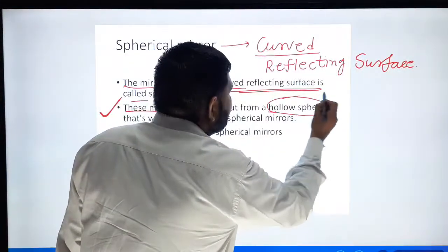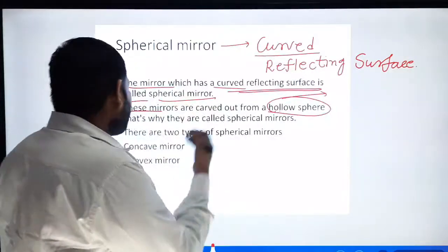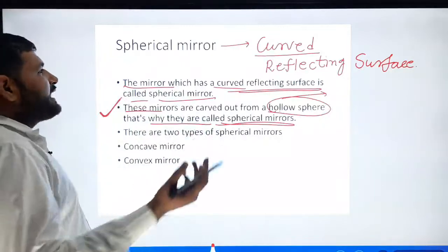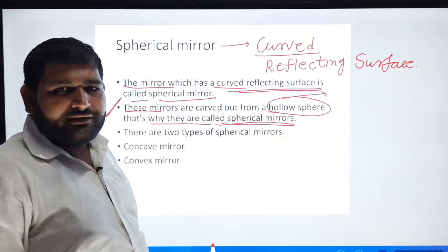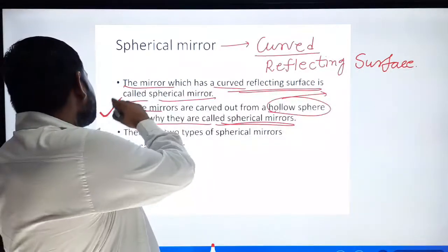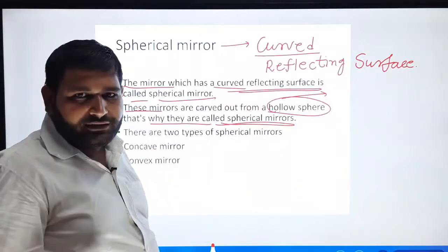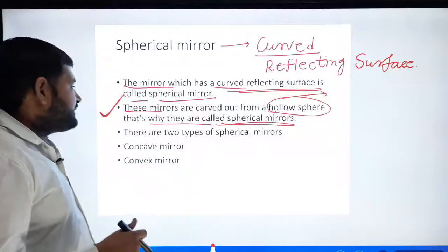That's where the name comes from, spherical mirror. So the reason behind the nomenclature of these curved shaped mirrors as spherical mirrors is that they are carved out or manufactured out of hollow spheres.